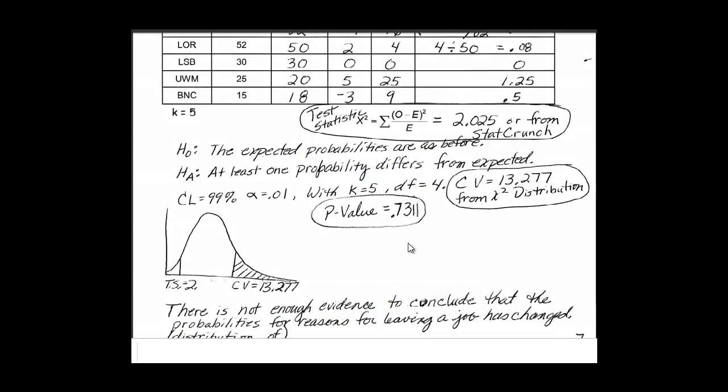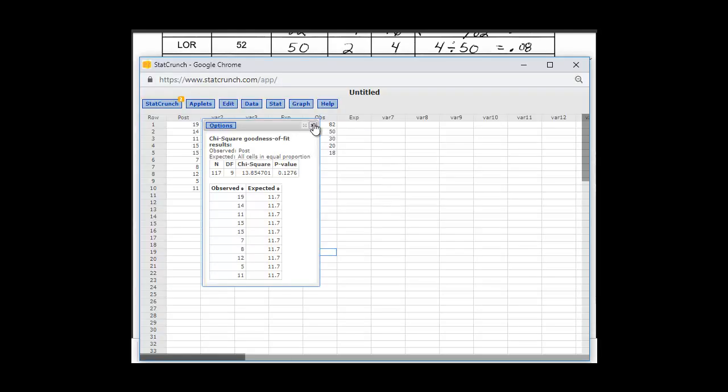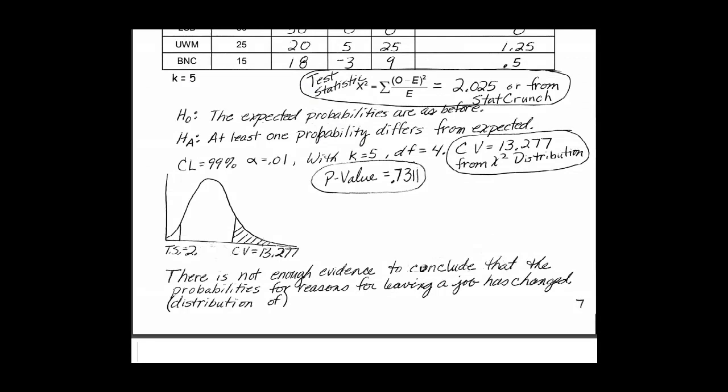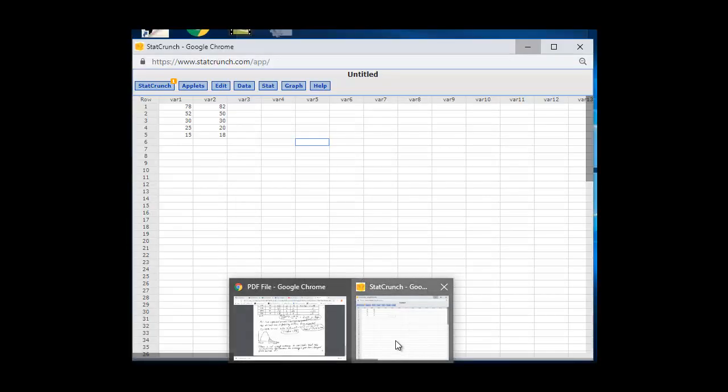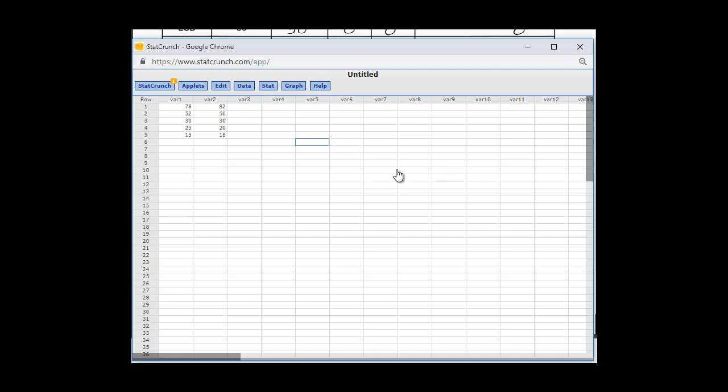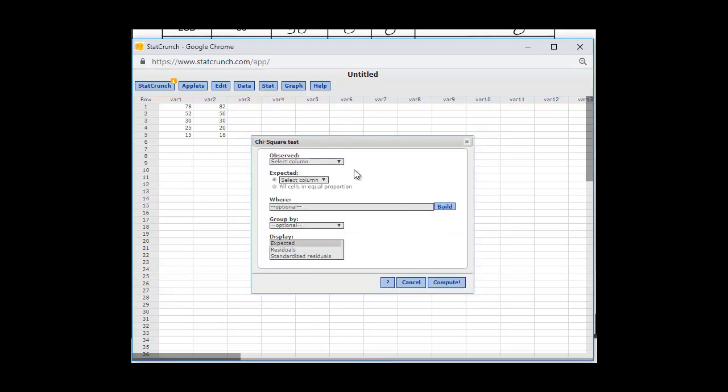Okay, into StatCrunch. Going into StatCrunch, I've got the observed and the expected frequencies in var1 and var2. So I'm going to need to go to Stats, Goodness of Fit, Chi-square.